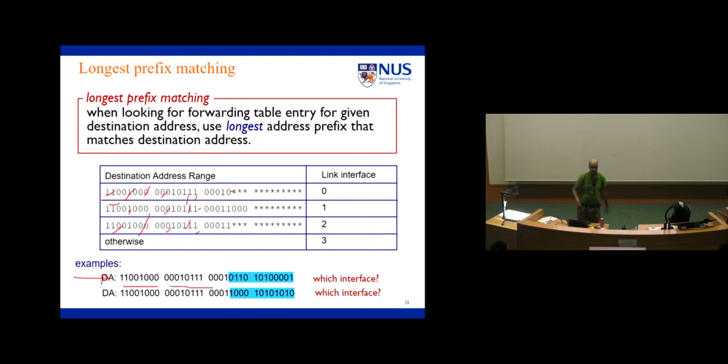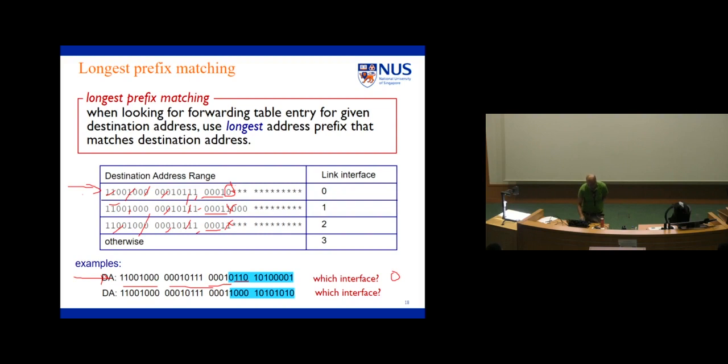So far everything matches, right? Then I see the next 4 bits are 3 zeros and a 1. That's also okay, that's also okay, that's also okay. Then I have 0, 1, 1, 0. This is okay. This is not okay. This is not okay, right? So in this case, it's obvious that there is a match here. So this particular one will go to interface number 0.